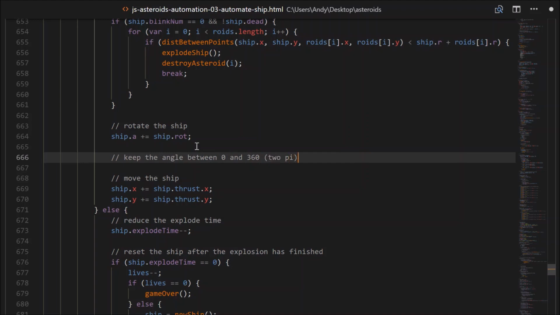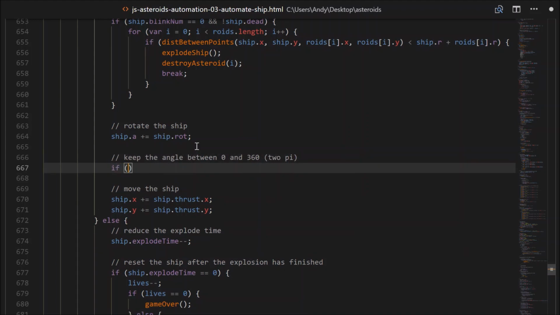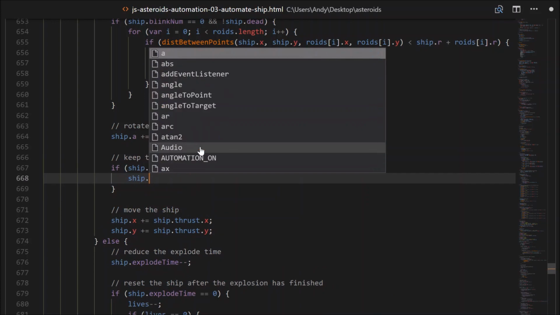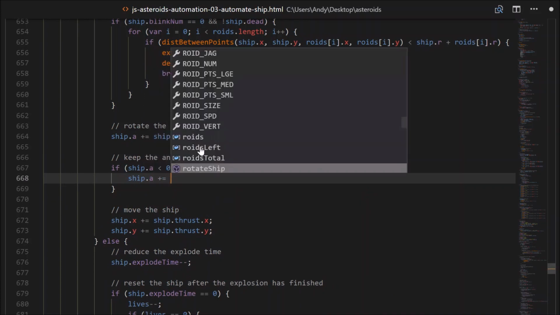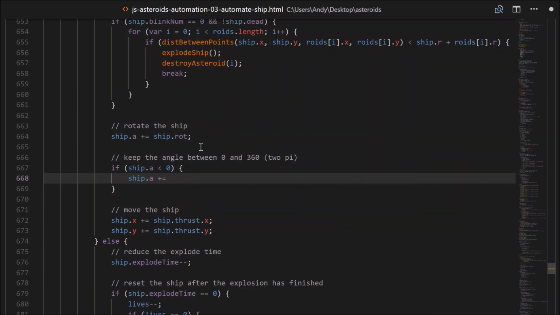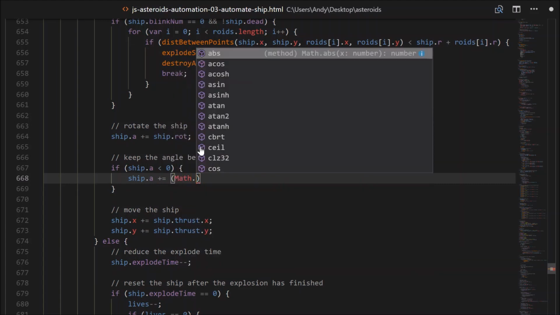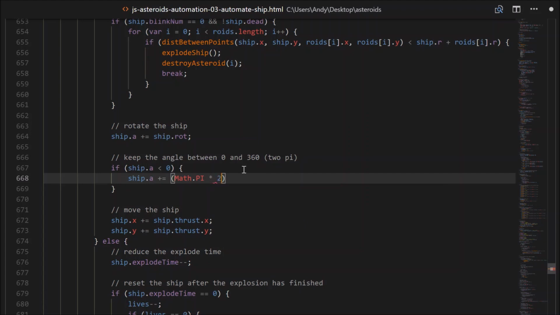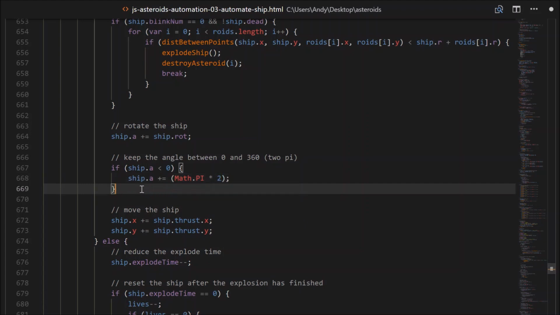2 pi. So if the ship's angle is less than 0, we'll need to add 360 to it. Remembering if we add 360 it'll still be the same angle. So plus equals Math.PI. Do we need to bracket this? I'm not sure what the order of operations are for these assignment operators. We'll just bracket it, it won't hurt. Math.PI times 2. So we'll add 360 to it.